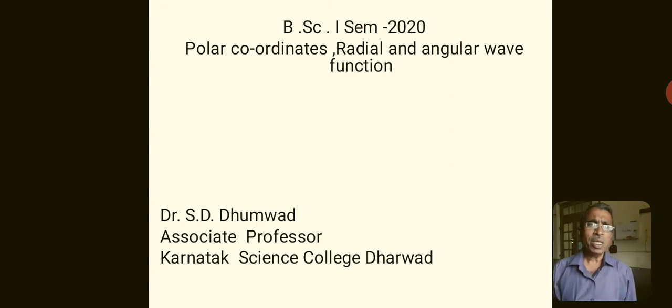And m has values from minus L to plus L through 0. These represent the orbitals. Now today let us study how these are derived from the wave mechanical model of an atom.